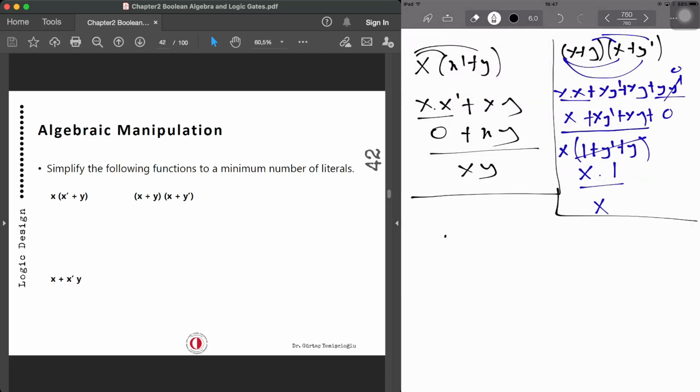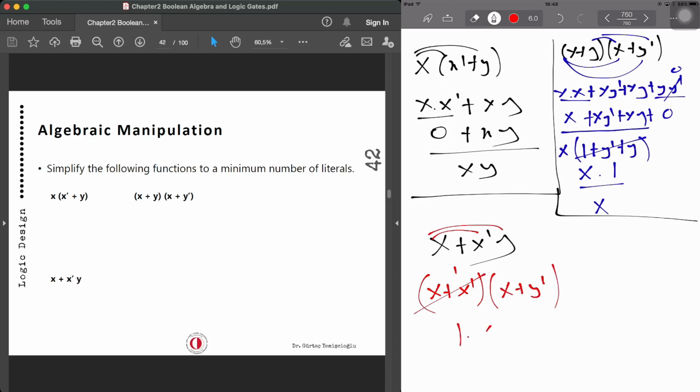And the last one is x plus x prime y. If you remember the theorem slides, I can distribute these over. So x plus x prime and x plus y. Oh, sorry, x prime y, I wrote it the other way around. Let's take it over again. So x plus x prime is going to give us 1.